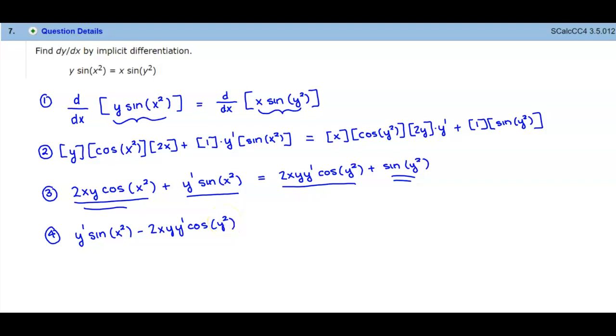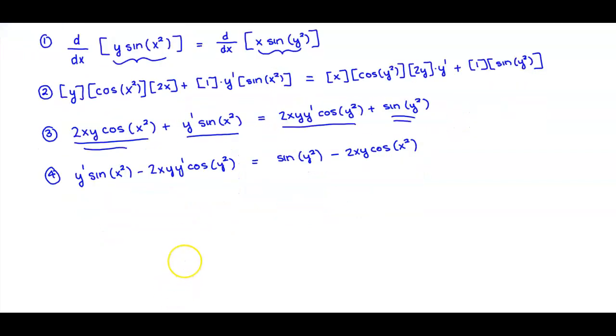So that's going to be on the left side. On the right side, we're going to have sine of y squared and then minus 2xy times the cosine of x squared.